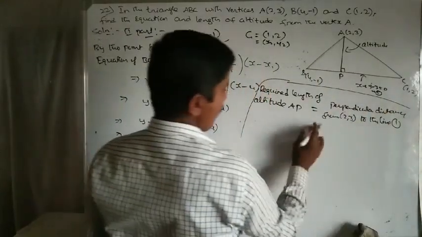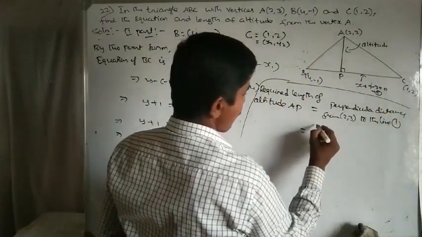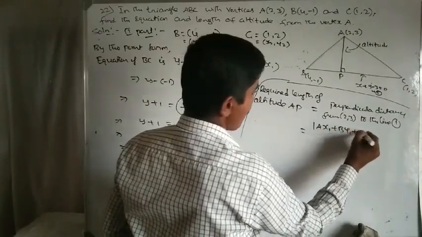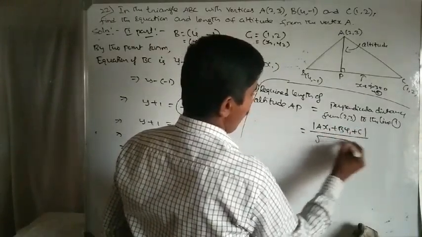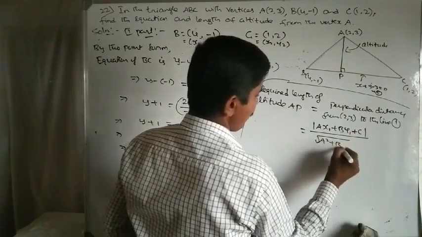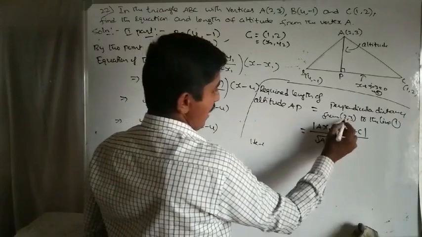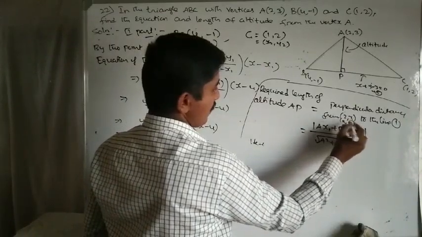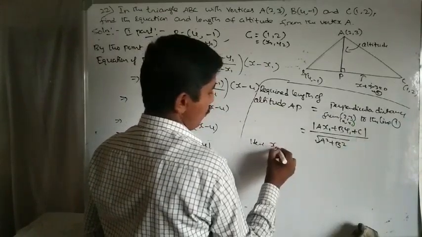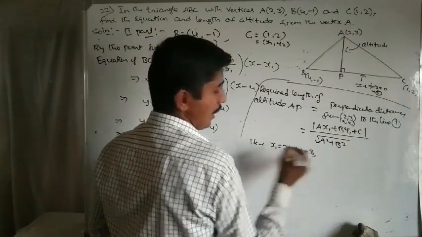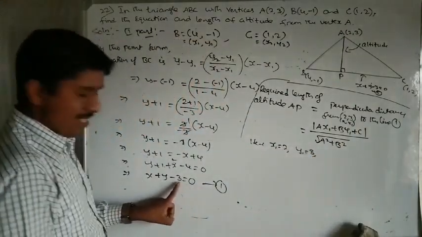The formula is modulus of Ax1 plus By1 plus C divided by root of A square plus B square. Here x1 is equal to 2, y1 is equal to 3. This is line 1.